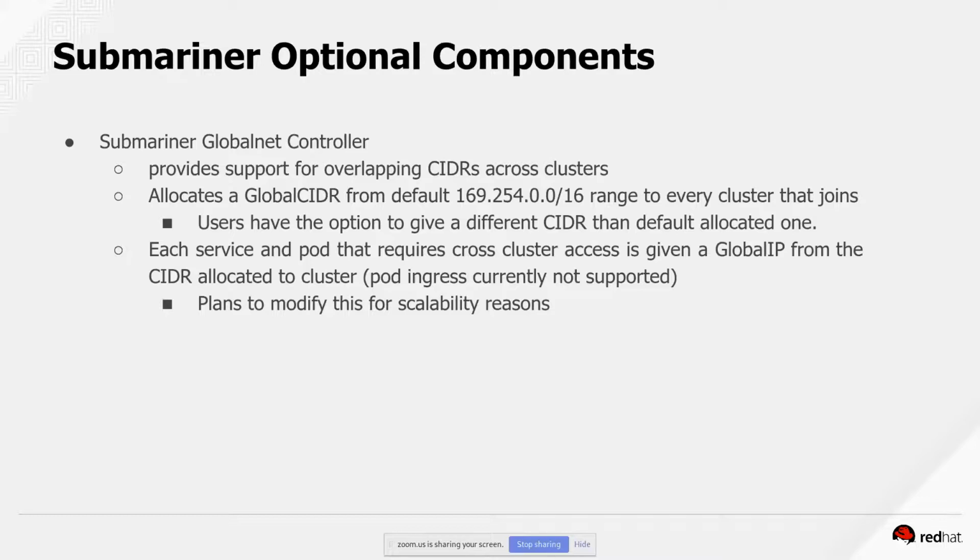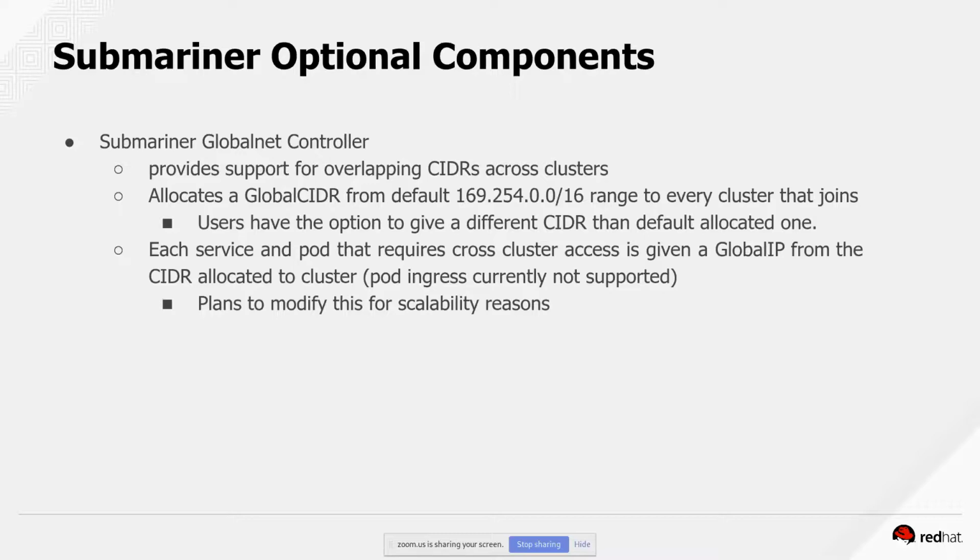So we came up with something called a global CIDR. We have this address space, the 169.254.0.0/16 range, and whenever you join a cluster, it gets a subset of this CIDR range. When any service or pod requires access to a service or pod that is cross-cluster, it is given an IP from this range, and that is what is used for communication.